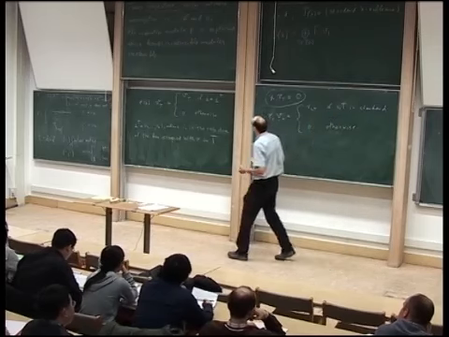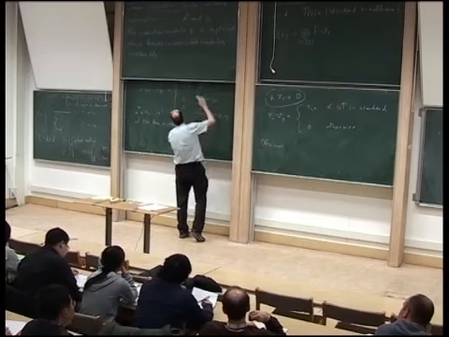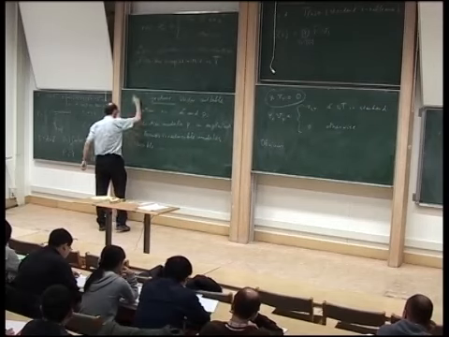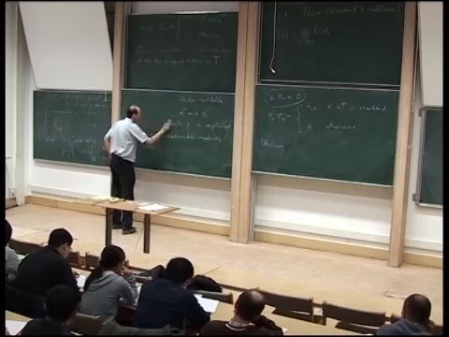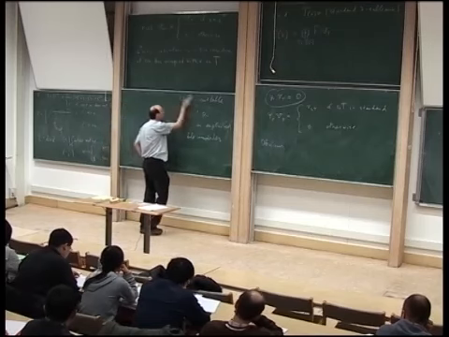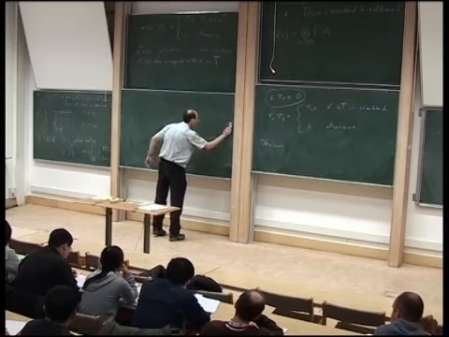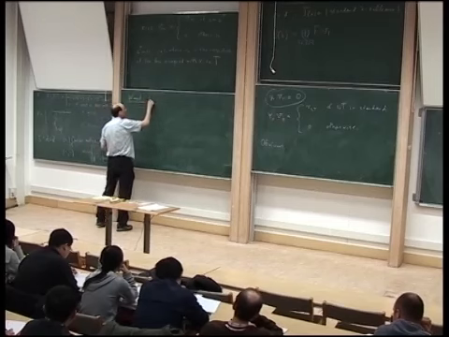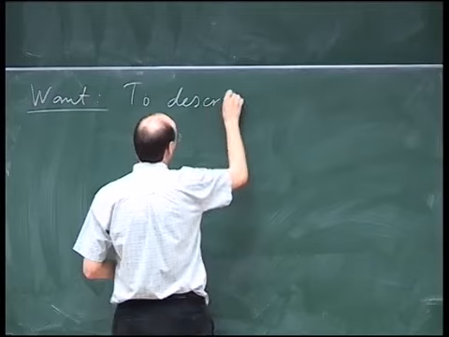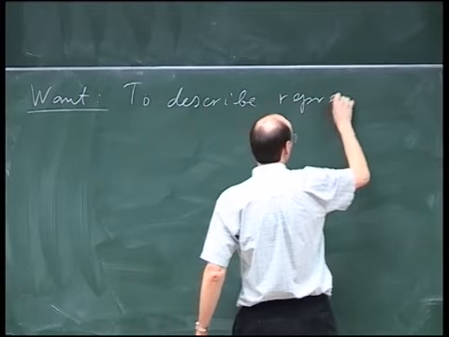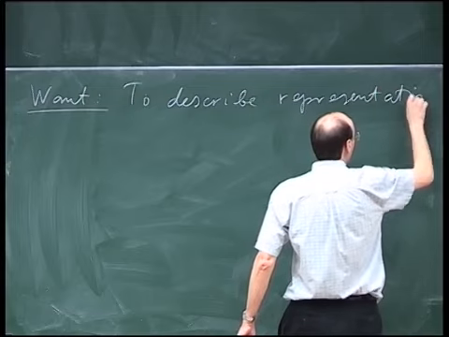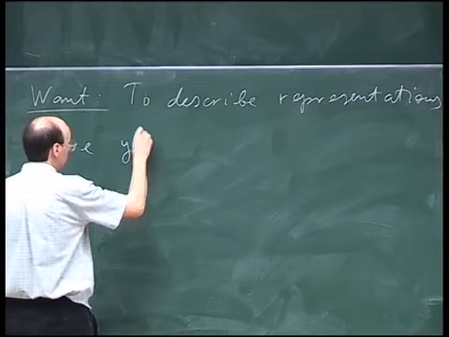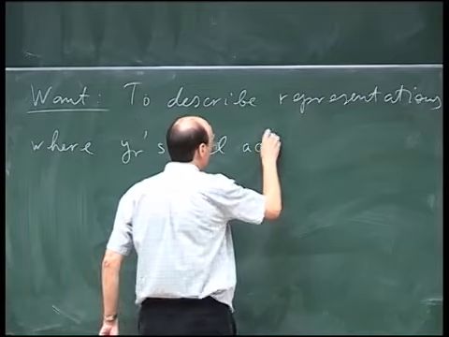And so let me write this down and tell you what I want to do. Okay, so what we want is to describe representations where YRs all act as 0.